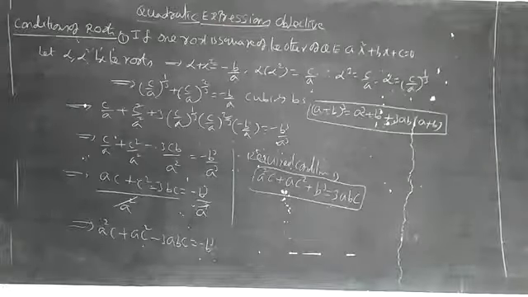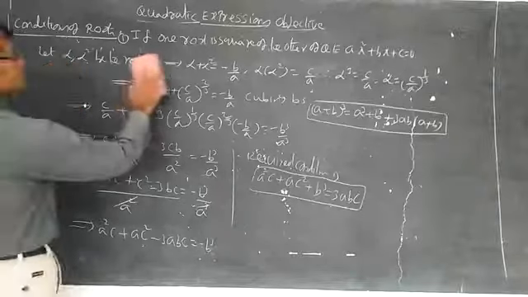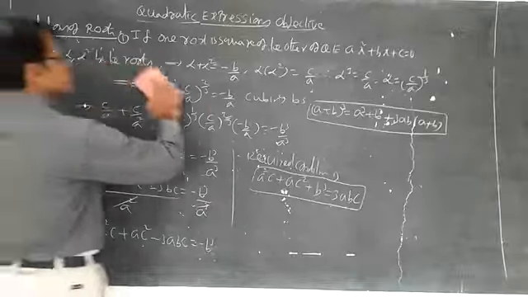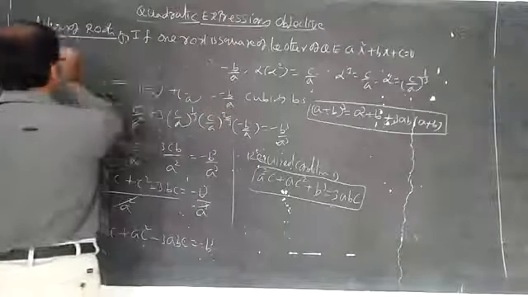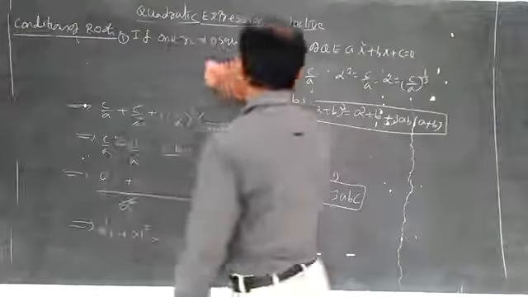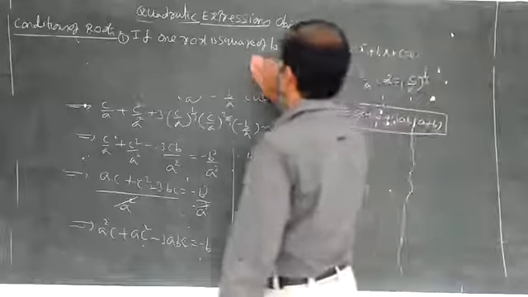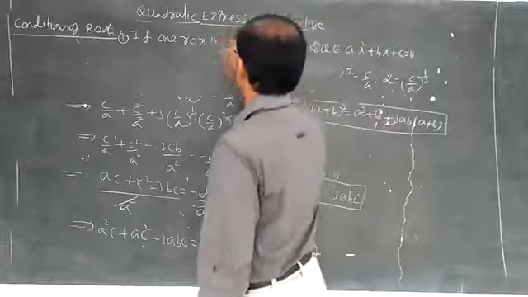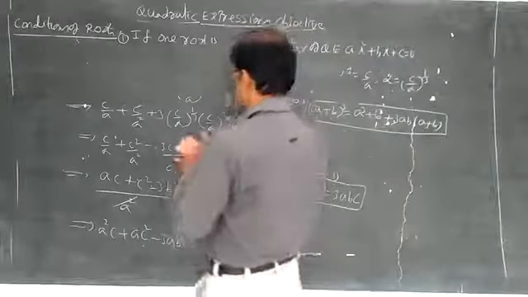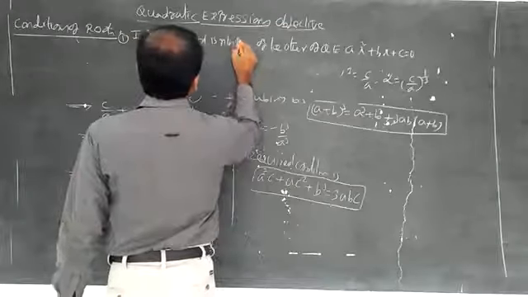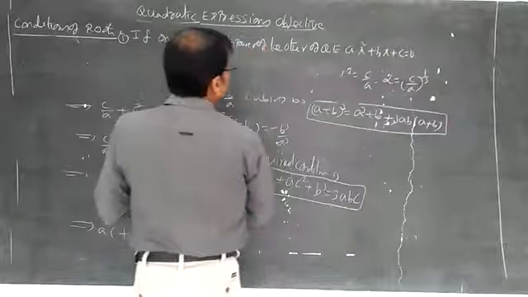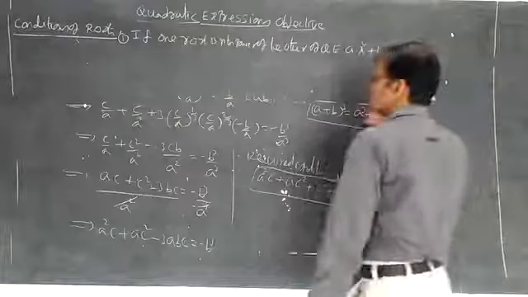Now, one root is the square of the other, we have completed. Let us discuss when one root is the nth power of the other.